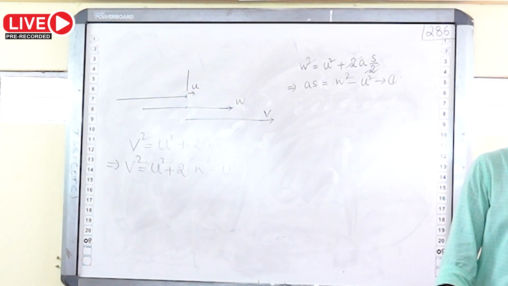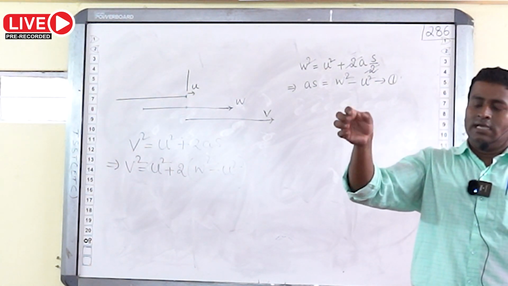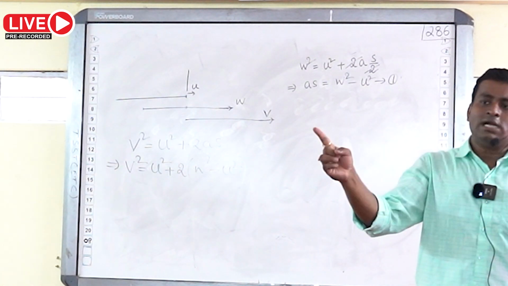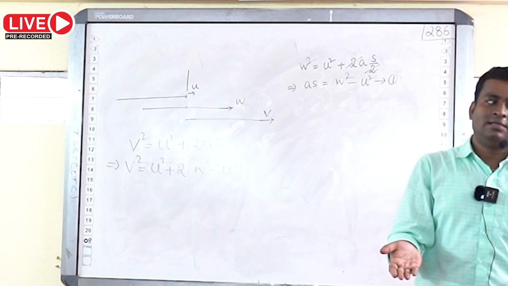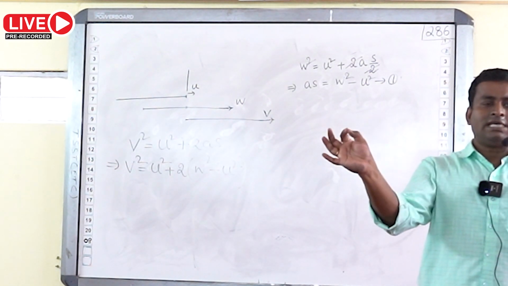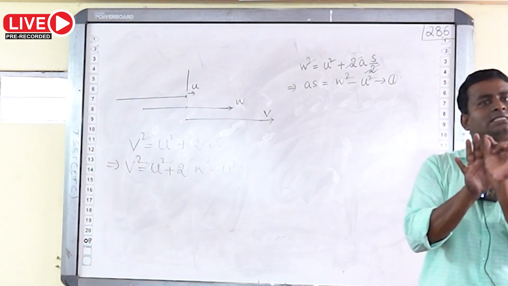Two cases. One, the entire train is crossing: initial velocity u, final velocity v. Total distance equal to length of the train, that is, displacement is s. Another thing is that initial velocity u, and when the midpoint comes, consider the midpoint's velocity as w.